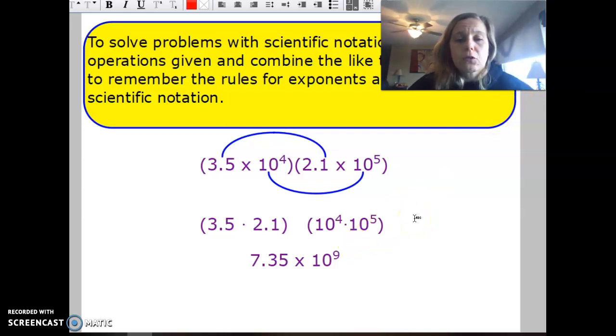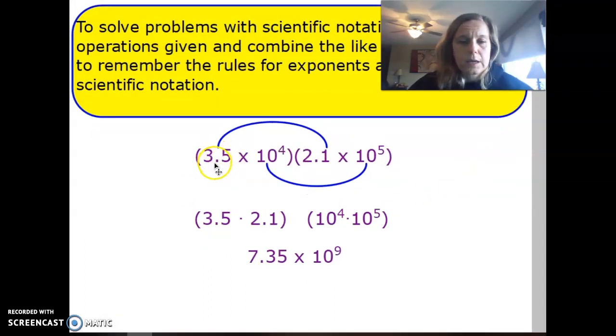So if I have 3.5 times 10 to the 4th power times 2.1 times 10 to the 5th power, all we are going to do is combine our like terms. We take the 3.5 and multiply it by the 2.1, which gives us 7.35. Then we take the 10 to the 4th power times 10 to the 5th power.